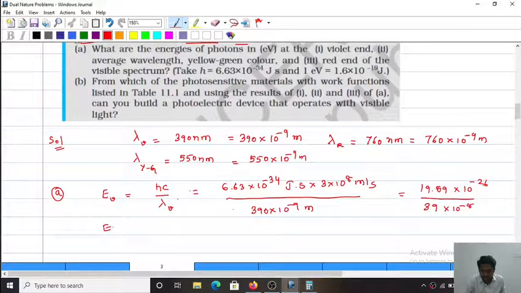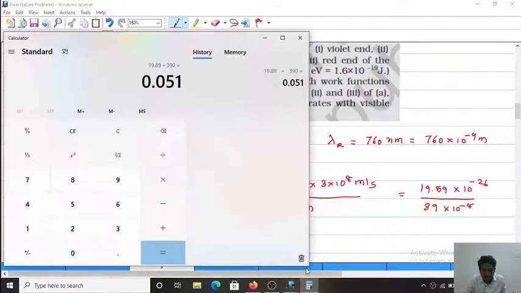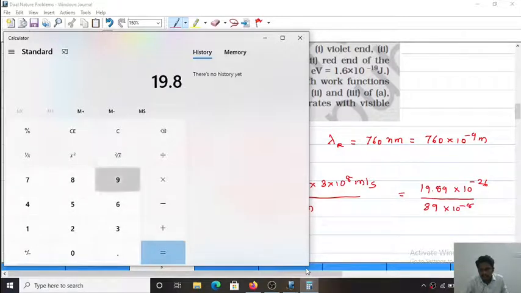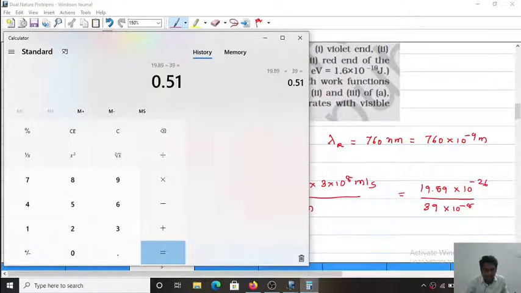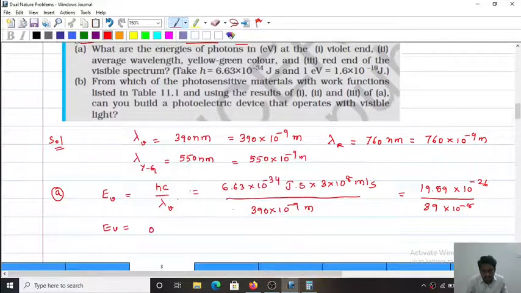So after the simplification, we get E nu equals 19.89 divided by 39, which is equal to 0.51, into 10 power of minus 26 plus 8, that is 10 power of minus 18. So we can write it as 5.1 into 10 power of minus 19 joules.